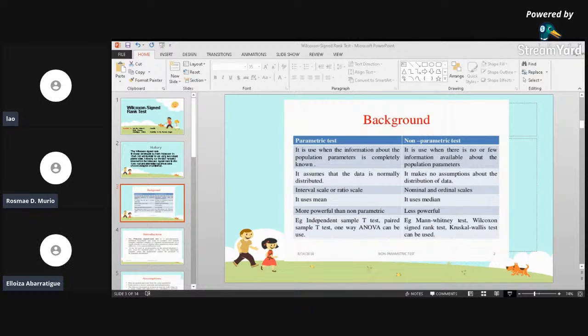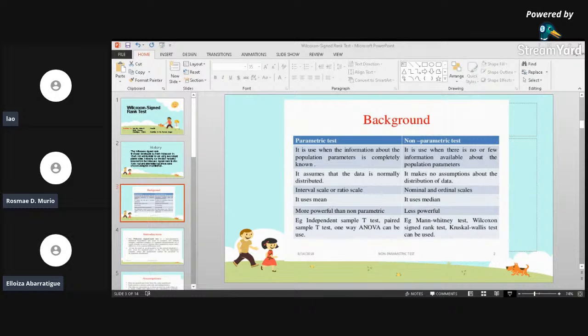Background: there are two kinds, parametric test and non-parametric test. A parametric test is used when the information about the population parameters is known.